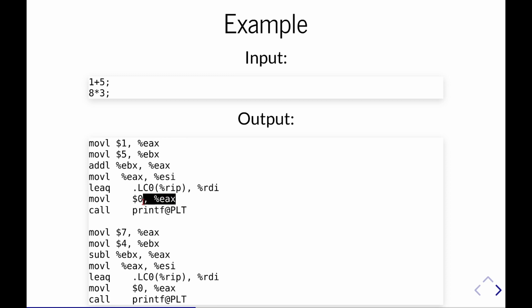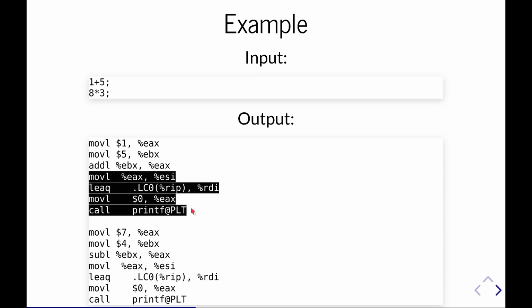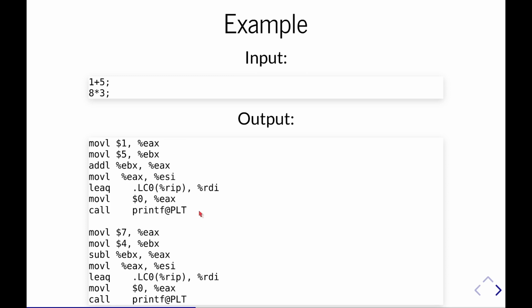So this is the return value. This is the passing of the parameter. We'll see this more when we look at code generation. And this is the call to the print statement. But that's all this code is doing. So here's the computation of 1 plus 5 and the call to printf. That's the output we want to see from our toy compiler.